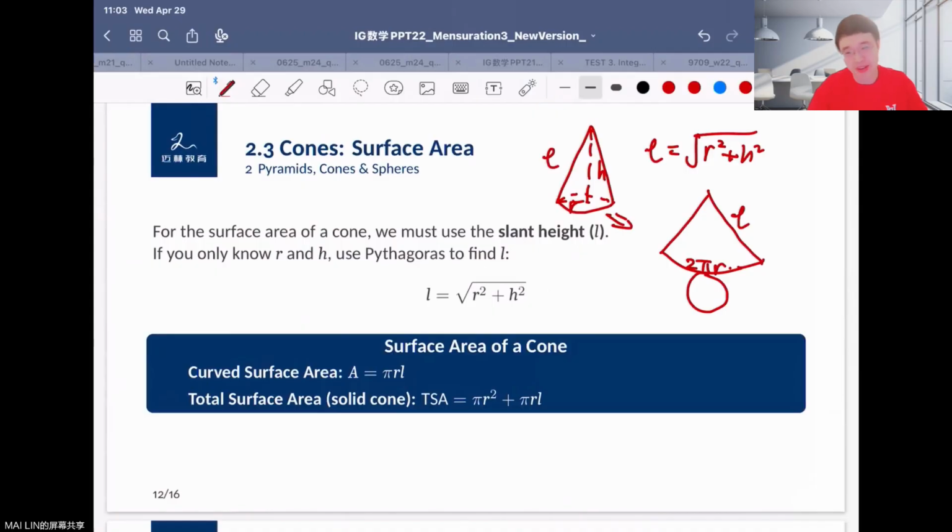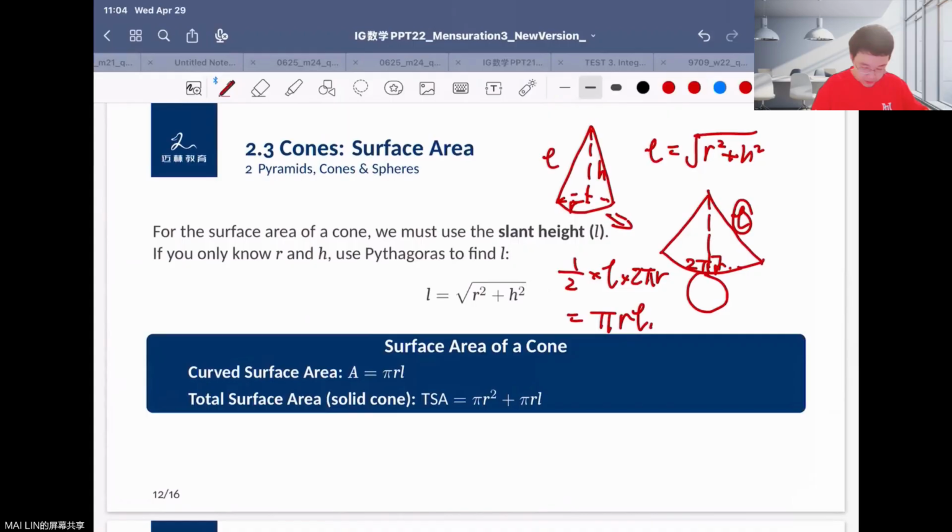The triangle's area formula is a half times height times base. So here it is the same: a half times the height, which is L, times the base 2 pi r. That becomes pi r L.